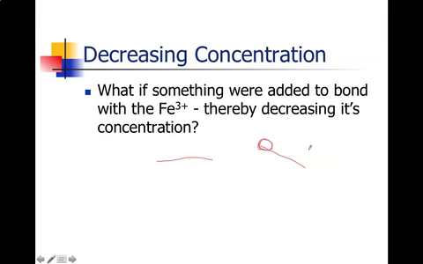So what's going to have to happen is more of my FeSCN2+ is going to have to decompose so that I have more Fe3+. So I'm going to have my reverse reaction increasing. The rate of the reverse reaction has to increase so that I get more Fe3+, so that that side will go down, this side will go up, and I'll be level again.